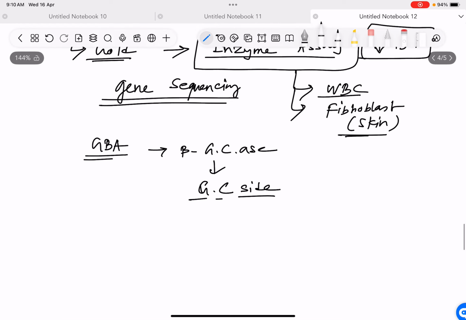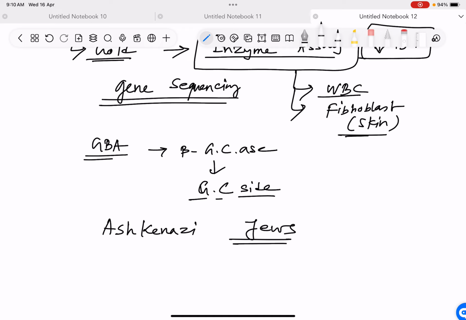This condition is common in Ashkenazi Jews. So you can remember in short, just in Jewish people, this disease is more common.